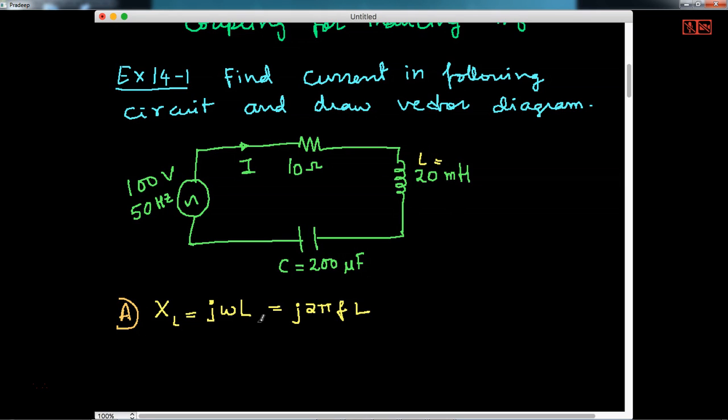Now this is the calculation. For the calculation, let me use an Octave interface.